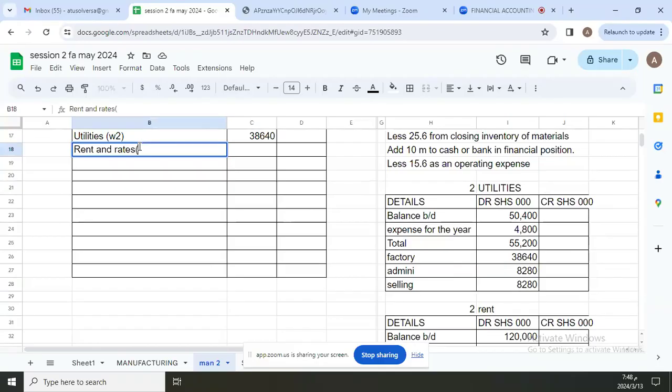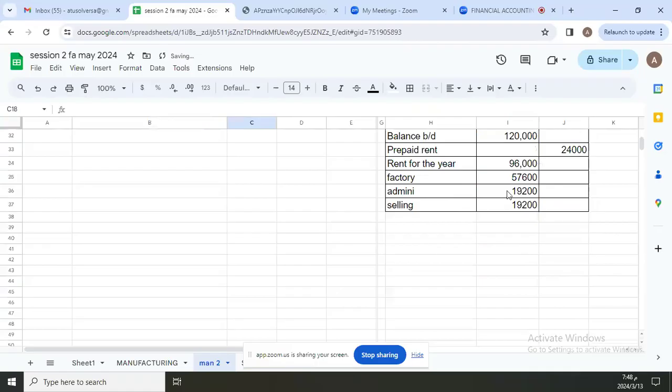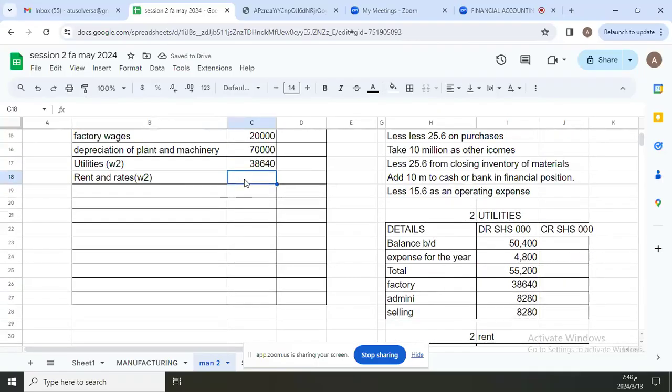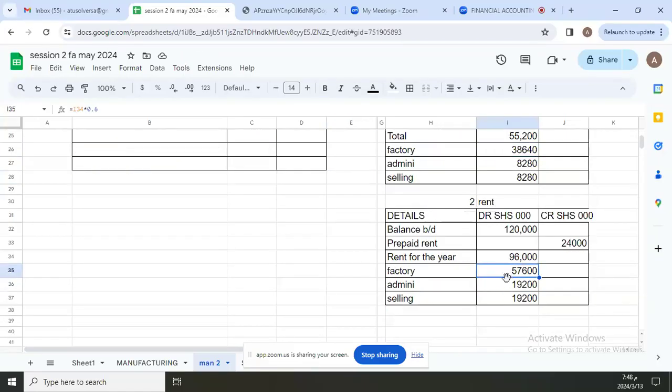Please, in case I've made a mistake on some computations, you need to advise, then we see what to do. So rent and rates is 57,600. So we write 57,600. We have already apportioned the rent expense. So that's how we could go on to do it.